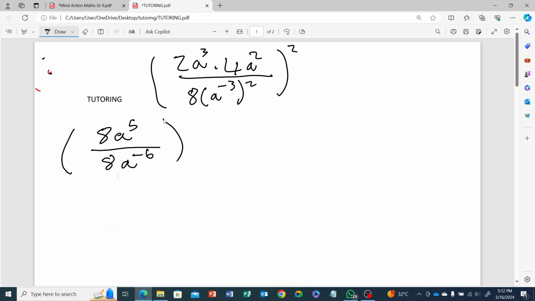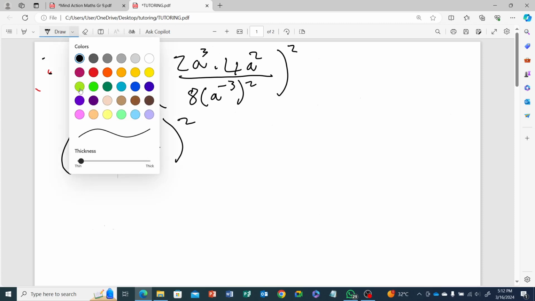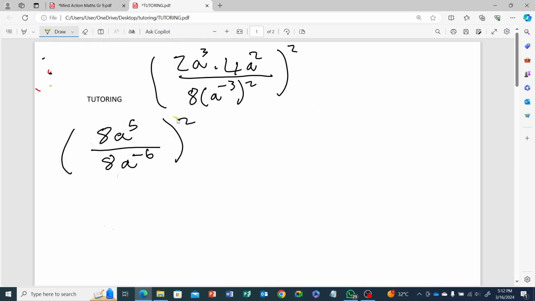Okay, everything raised to the 2. Now, we can distribute the power of 2 like this. We can effectively multiply the 2 there and there in the numerator.